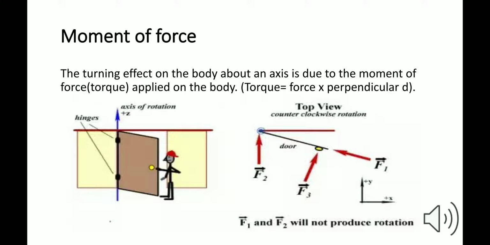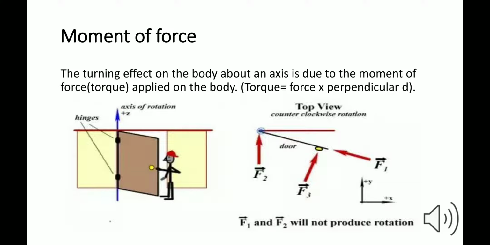And if you hold the door from somewhere very close to it, it will be difficult to open and close the door. So it will be difficult to give a rotation to the door. So when is the turning effect maximum? When the distance from the line of action of force to the fixed point is maximum.